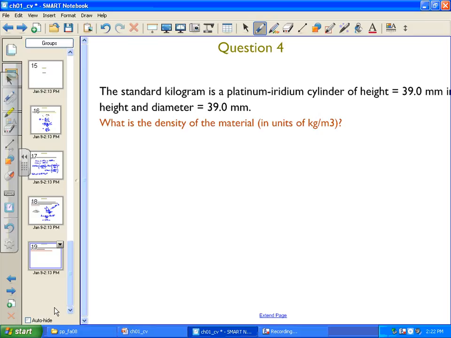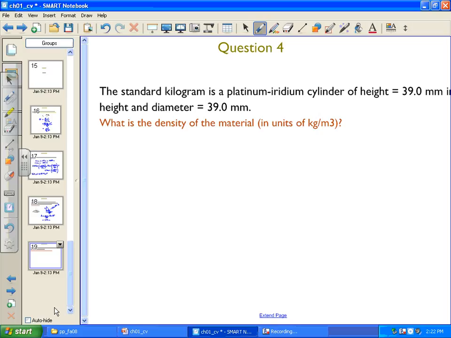Next problem, and last problem. The standard kilogram, in other words, the standard that defines 1 kilogram, is a platinum iridium cylinder of height 39 millimeters and diameter 39 millimeters.